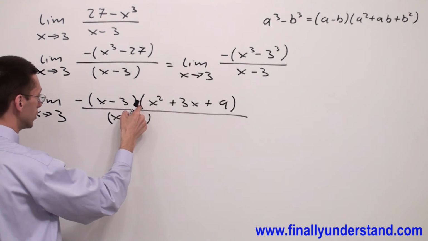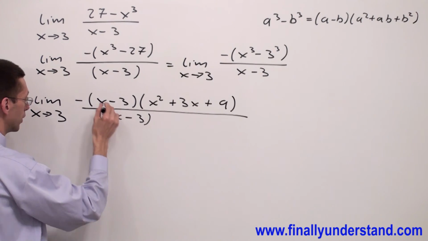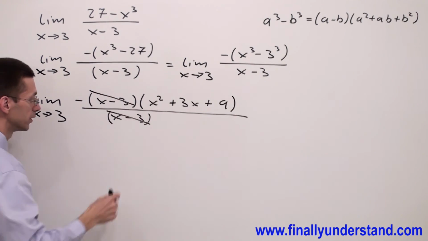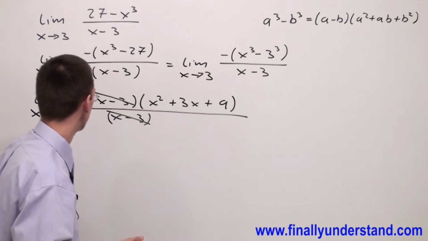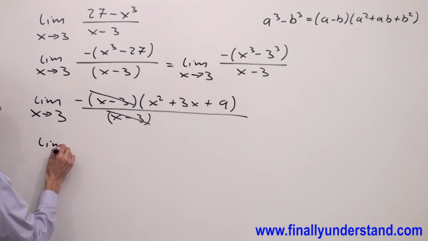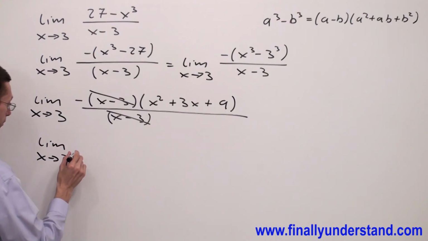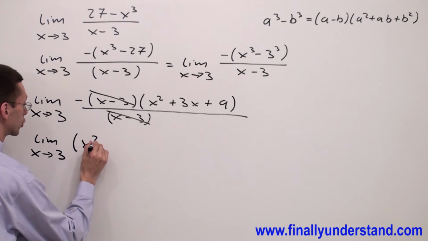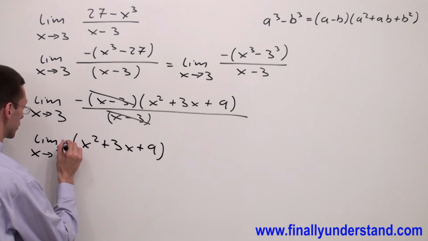We have multiplication, that's why we can reduce x minus 3 and x minus 3. At this moment, we eliminated the uncomfortable denominator. And my expression right now is going to look like this. I have limit with x approaching 3, x squared plus 3x plus 9, of course, negative.